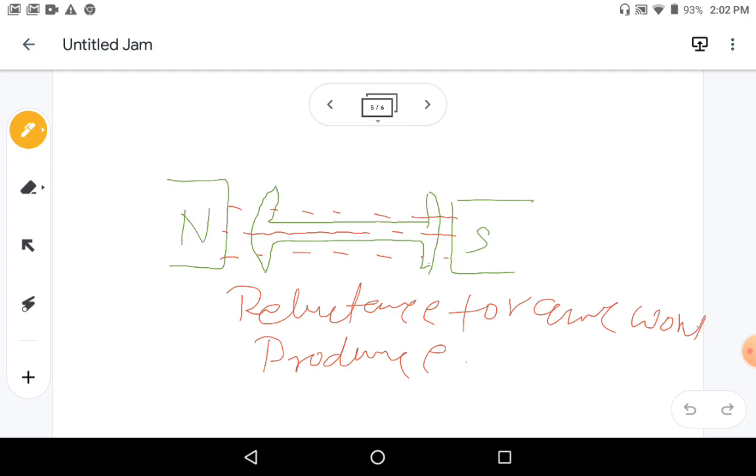In this diagram, reluctance torque won't be produced, but electromagnetic torque is produced.